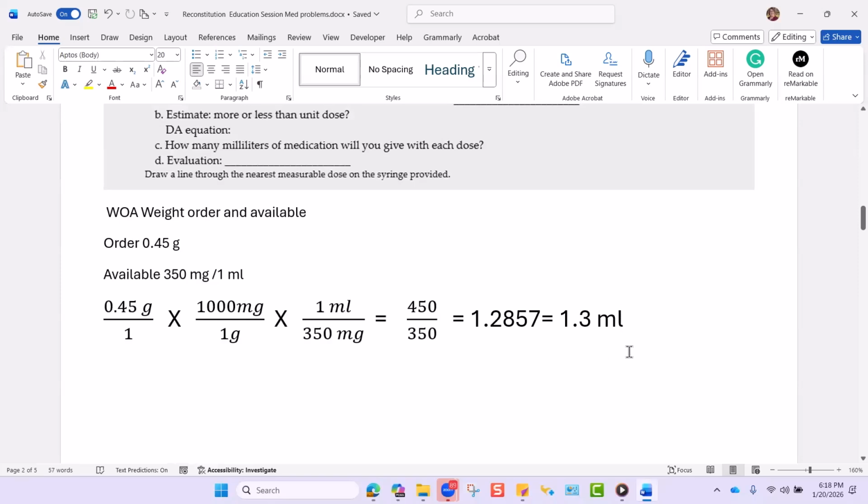All right. So did everybody get that number? Does that make sense for reconstitution? What is the most confusing part of reconstitution so far? Oh, I see more chat stuff. I'll pull up the chat.